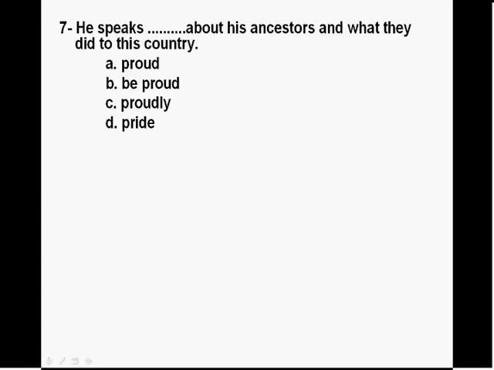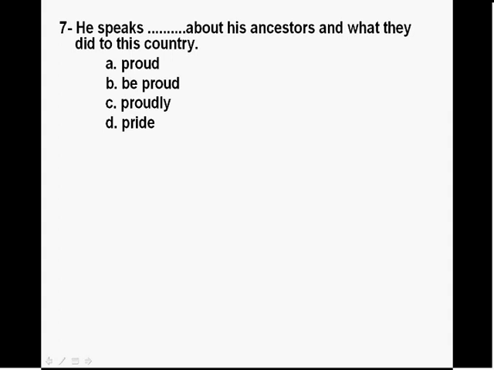Number 7. He speaks about his ancestors and what they did to this country. So, A, proud, B, be proud, C, proudly, and D, pride. So we need to put a word here which describes how he speaks.